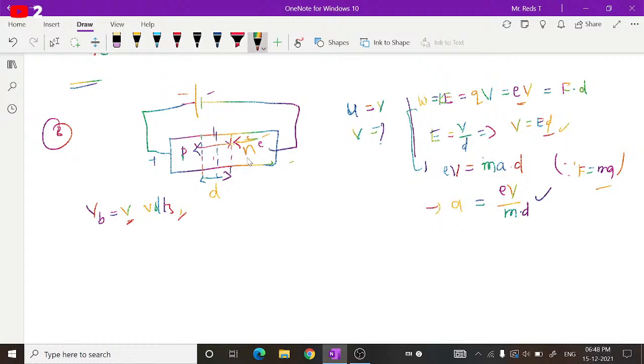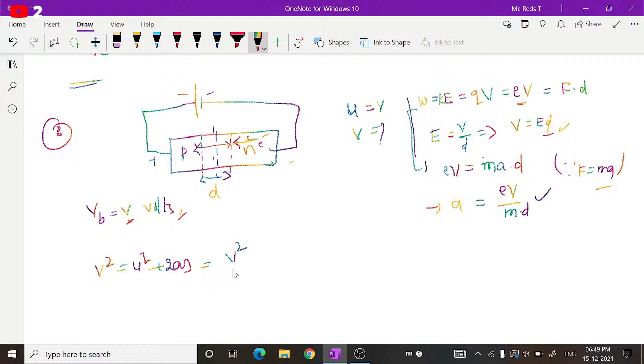With this acceleration, starting with initial velocity v, what is the final velocity? We use the equation v squared = u squared + 2as. Here u is v.